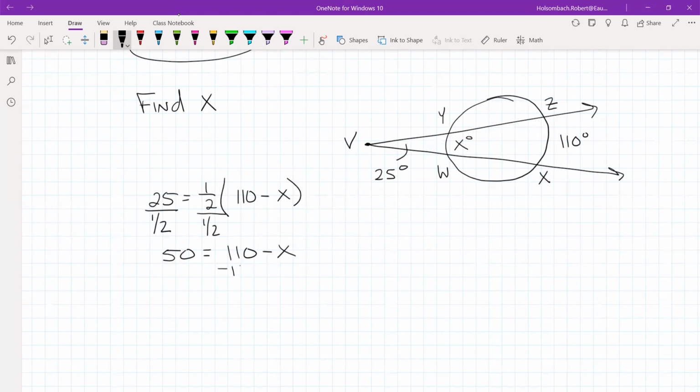You're going to subtract 110 from each side. 50 minus 110 is negative 60, is equal to, but look, there's a minus sign in front of the X, so the minus X comes down.